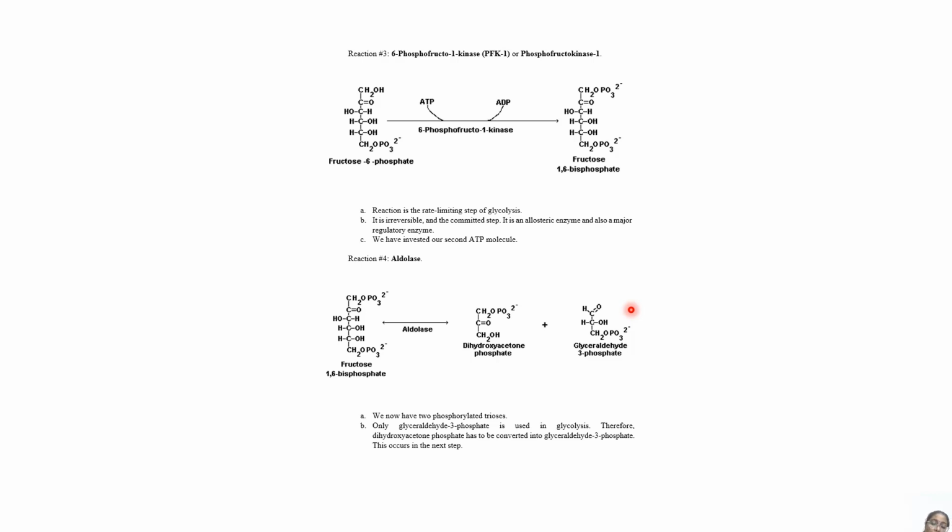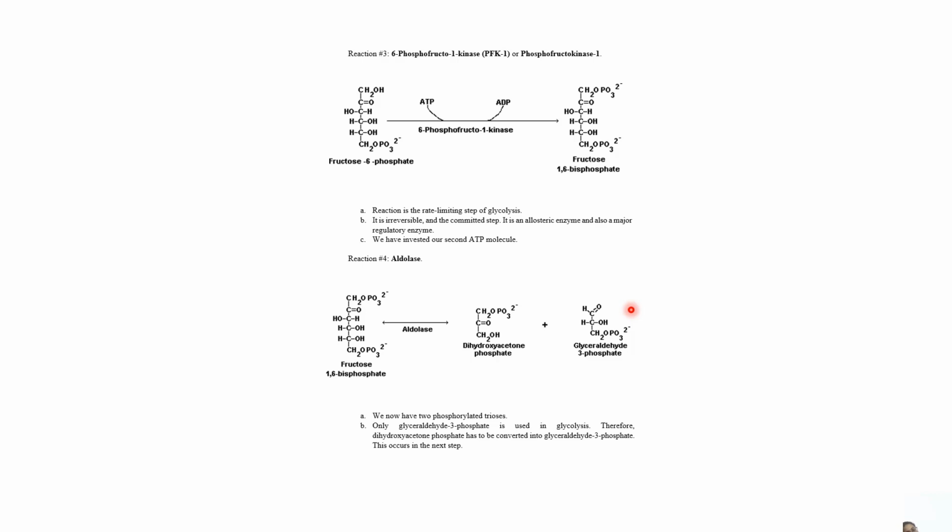Reaction 4 is catalyzed by aldolase, where fructose 1,6-bisphosphate gets converted to dihydroxyacetone phosphate, DHAP, and glyceraldehyde 3-phosphate, G3P. So we now have two phosphorylated trioses, right? And only glyceraldehyde 3-phosphate is used in glycolysis.